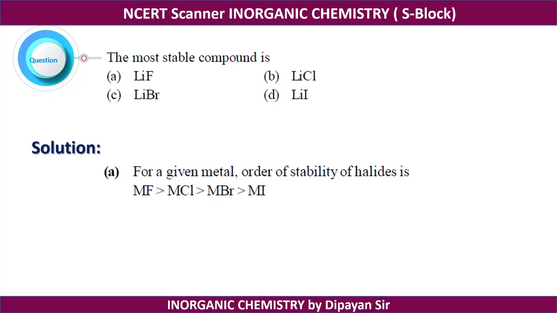If we compare fluoride, chloride, bromide and iodide, fluoride has maximum charge density, so this is a hard anion. And as we know, lithium is smaller in size, so the charge density over lithium will be very high. So the hard cation will combine effectively with the hard anion, so LiF will be a stable compound.